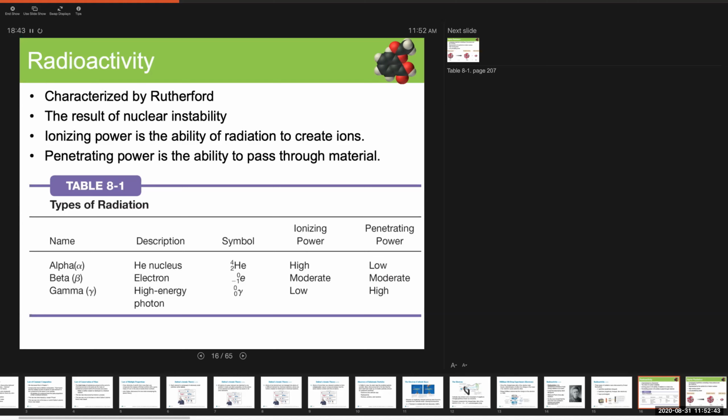When we look at our three types of radiation, the alpha, beta, and the gamma, we see that alpha has high ionizing power, low penetrating power. Beta is moderate on each of those. And then gamma has low ionizing power and high penetrating power. So depending upon what you're trying to do would determine which of these you would want to use.